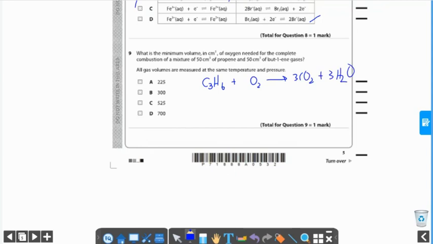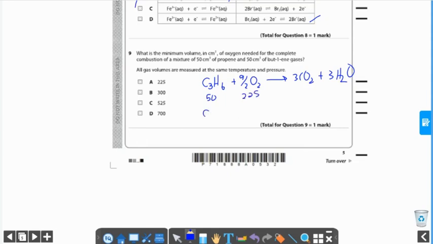As for the oxygens, you have 6 plus 3, 9. So you have 9 over 2 oxygens here. This is for propene, right? So you have 50 of propene, 1 to 9 over 2. You can take the molar ratio as the volume ratio. So 50 times 9 divided by 2, you'll get 225.